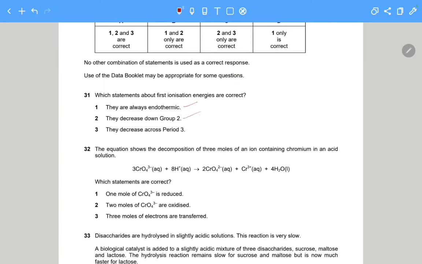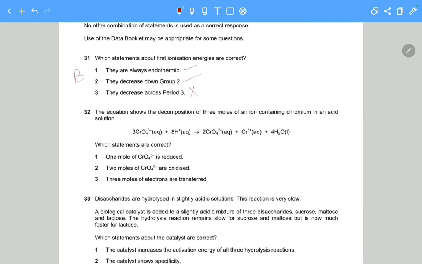That's correct as well, because even though the nuclear charge increases, the radius and shielding also increase, and they outweigh the increased nuclear charge. And then they decrease across period 3. That's wrong, because as we go across period 3, nuclear charge increases, atomic radius decreases, and shielding remains relatively constant. So the correct answer is B, which is for 1 and 2.